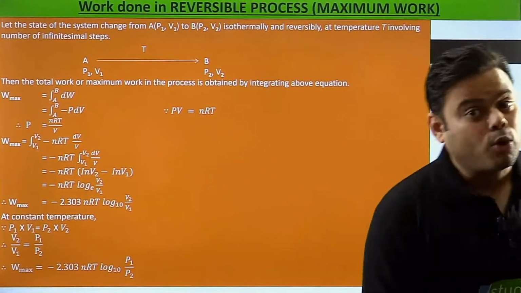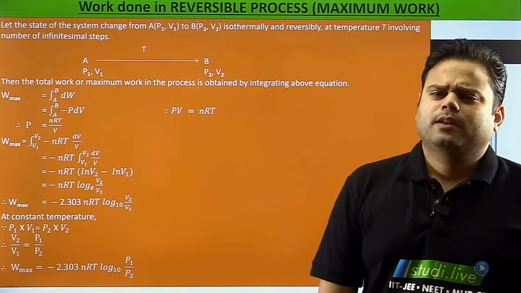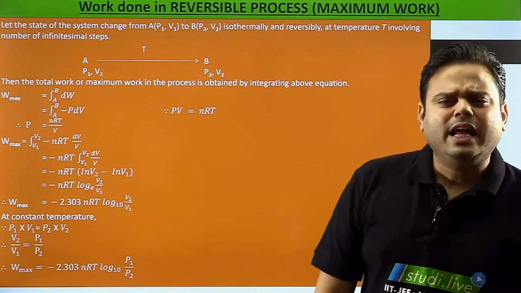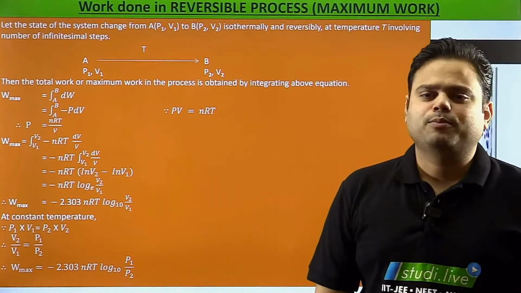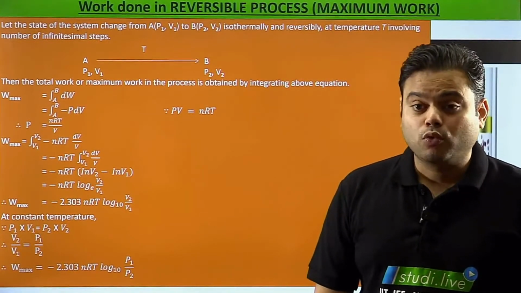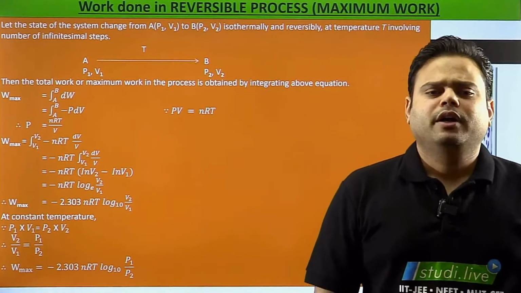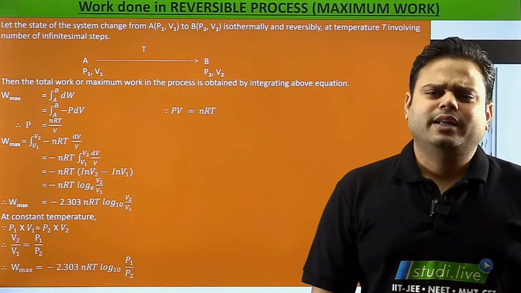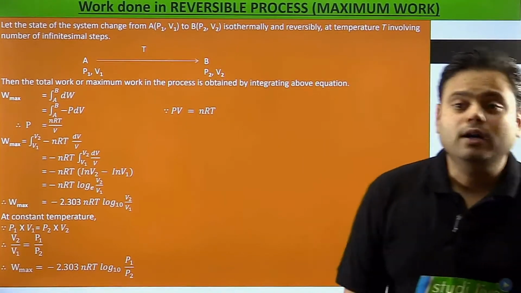So pressure and volume can be equated in terms of each other by the help of the Boyle's law, which states that at constant temperature, pressure and volume of a gas are inversely proportional to each other. P is inversely proportional to V. So यहाँ पर V2 by V1 can be replaced by P1 by P2.